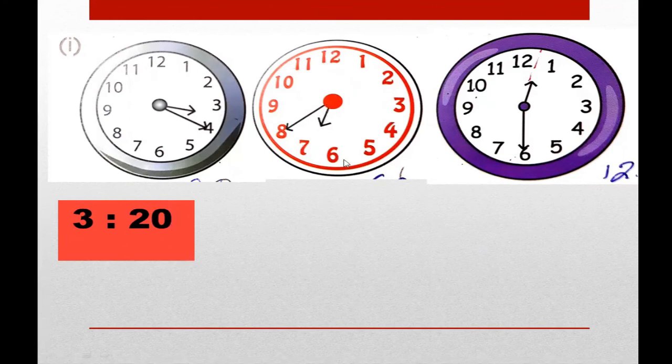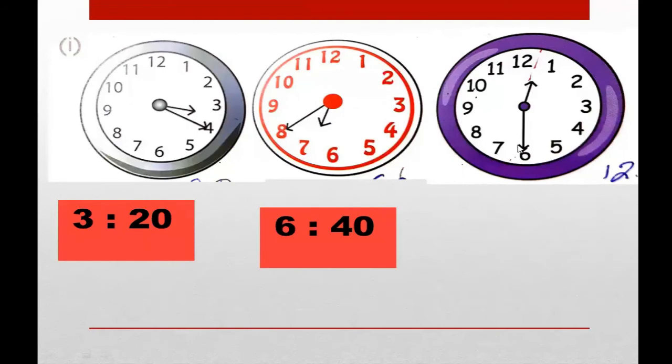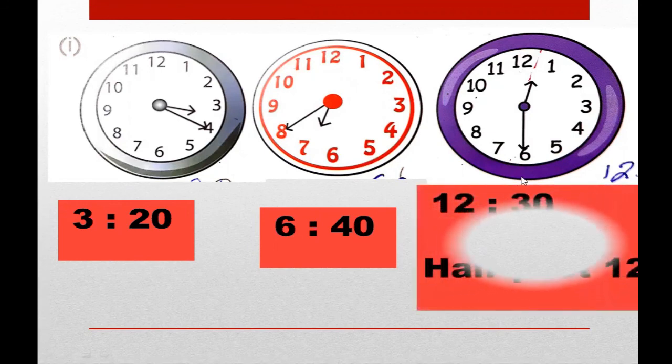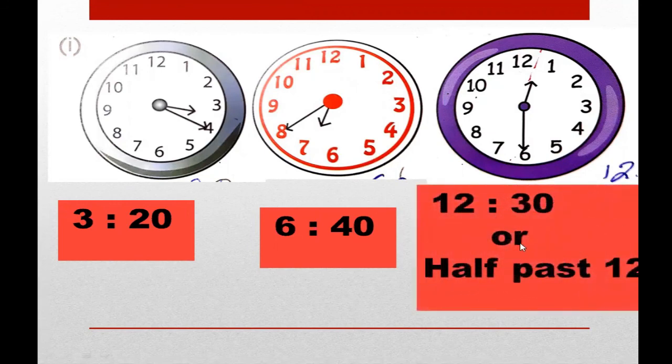Whenever it is in between, you always take the back number. So the time is 6, 8 fives are 40. Now here, the small hand is after 12. That means we always take the back number, 12. And the bigger hand is exactly on 6. That means it is dividing the clock into half. So you say 12:30 or half past 12.